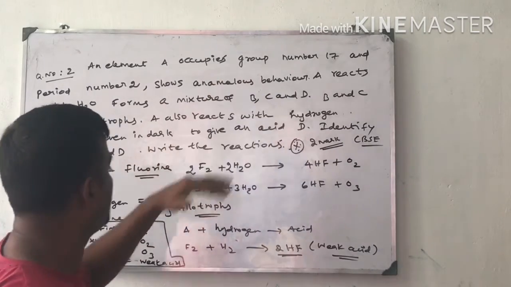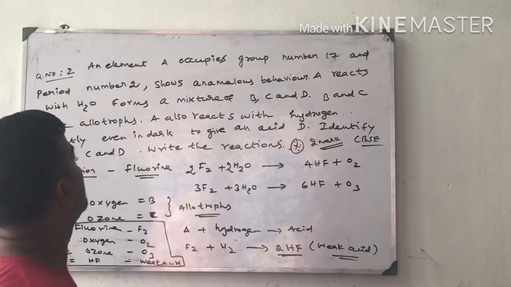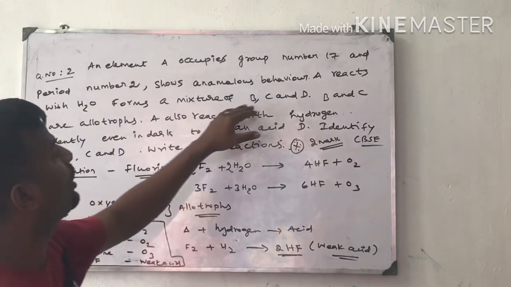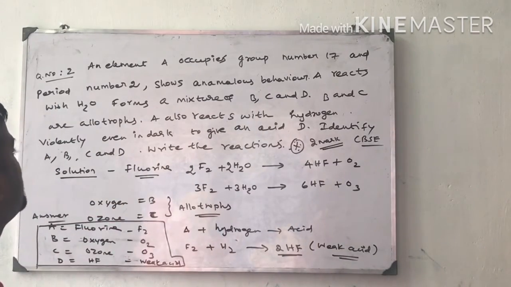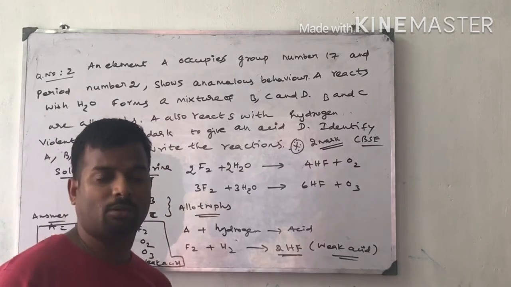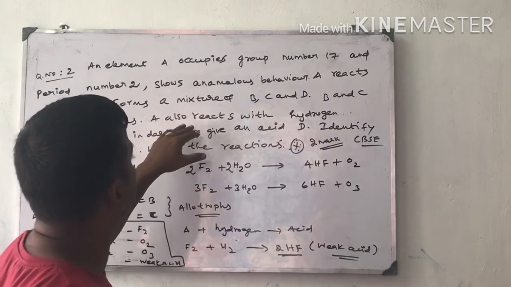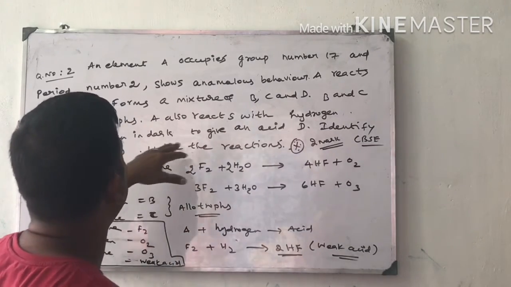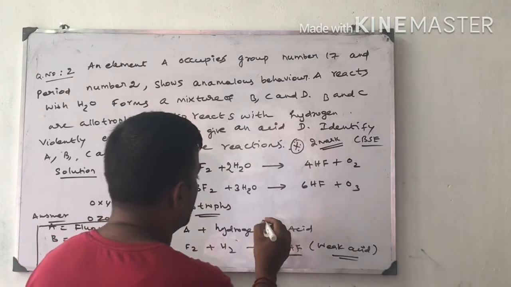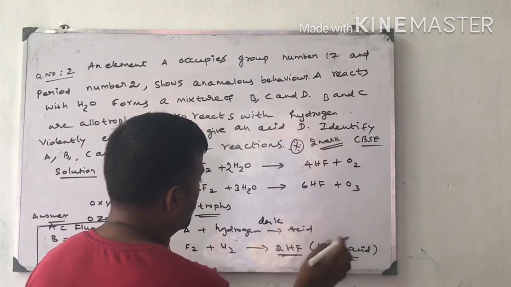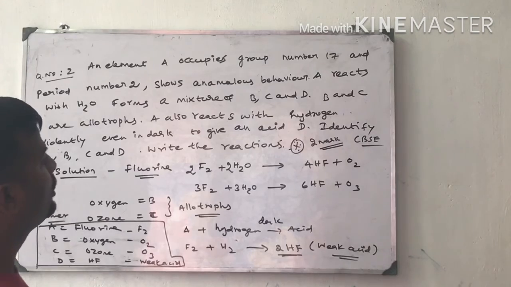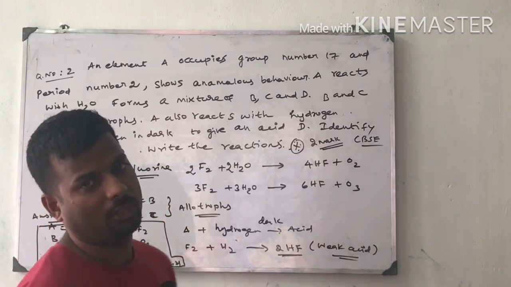With this clue, we identify that it is fluorine. A reacts with water to form a mixture of B, C and D. B and C are allotropes, as I told you. A also reacts with hydrogen even in the dark medium and gives an acid. So these are the terms related to this question.